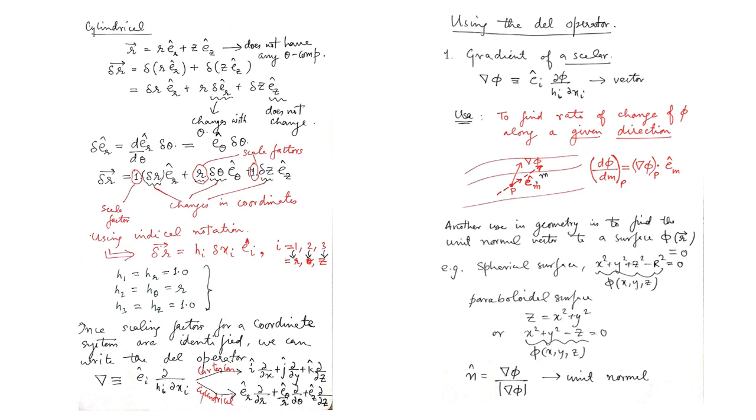Now if I take the dot product of this vector with my unit vector e_m cap, which is of course my choice because I'm interested in getting the space rate of change of phi along the direction given by e_m cap, then I get the derivative which I want, d phi dm.